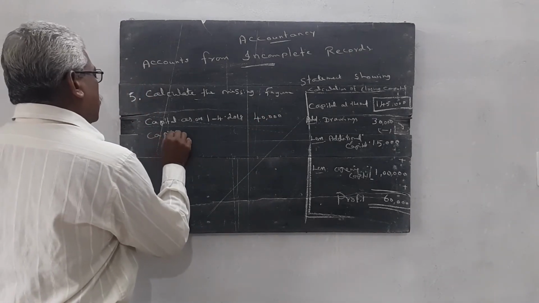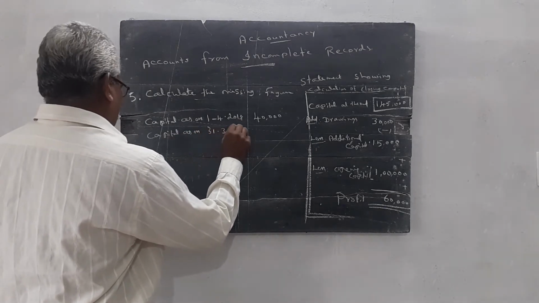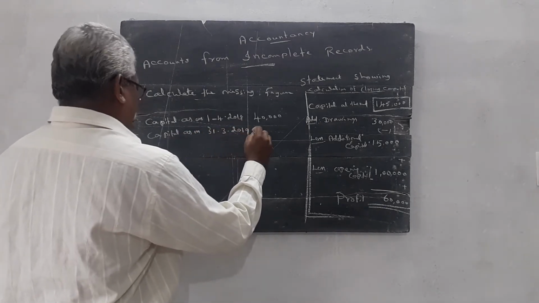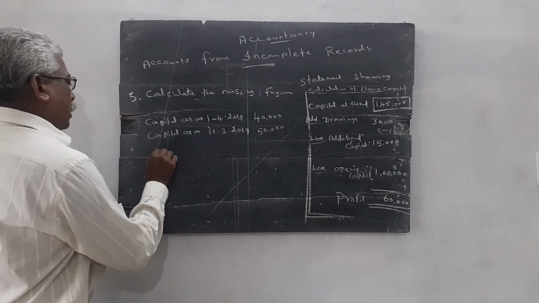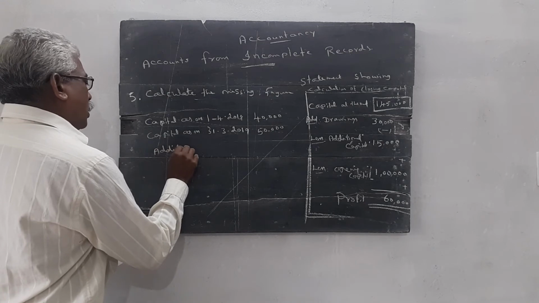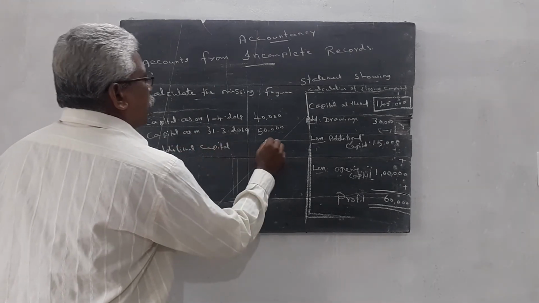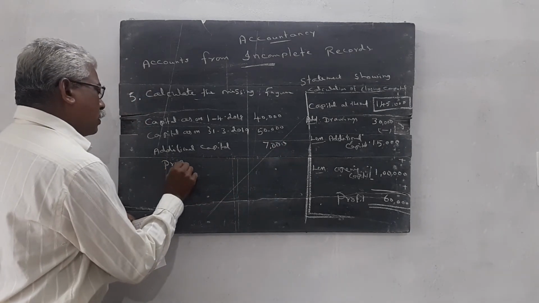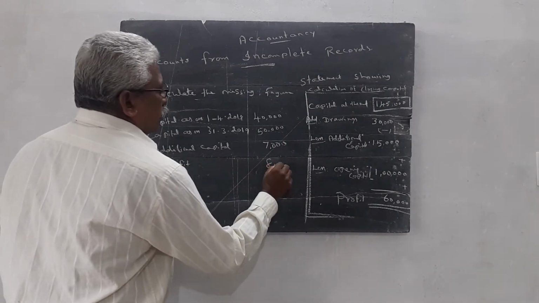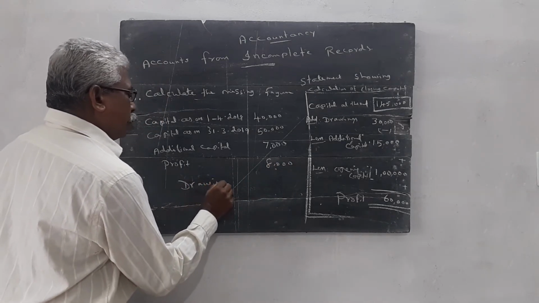Capital as on 31/3/2019, 50,000. Additional capital, 7,000. Profit, 8,000. Drawings we have to calculate.